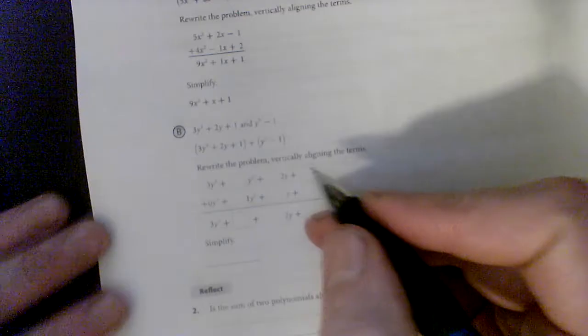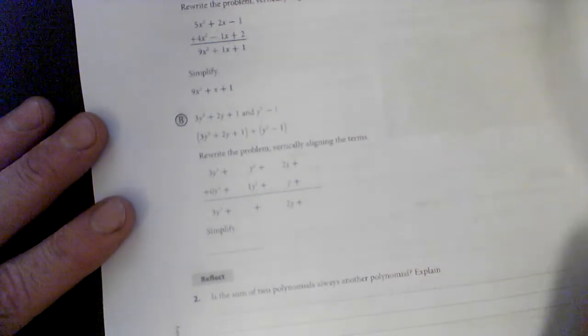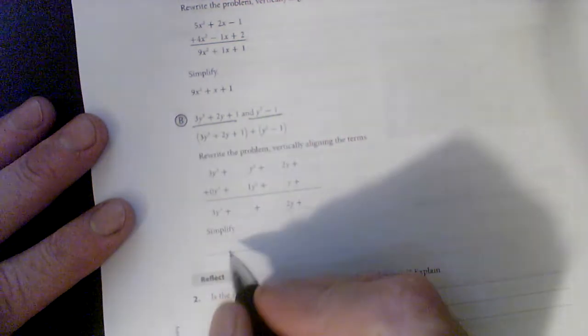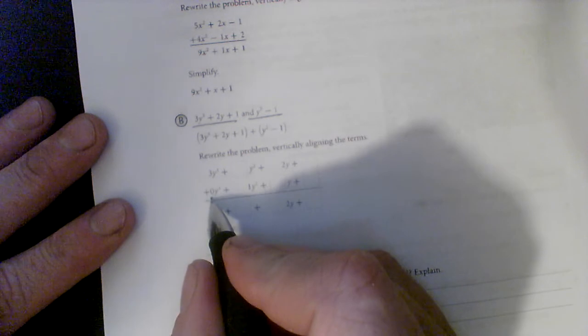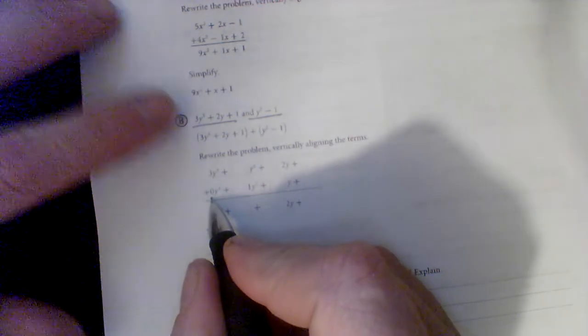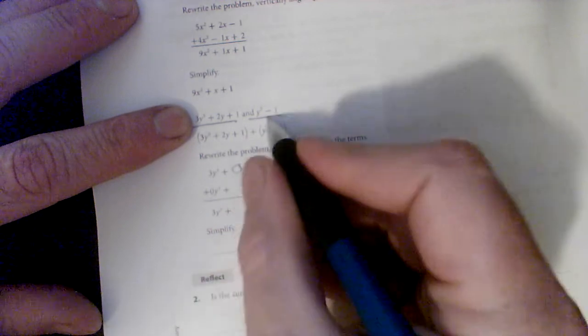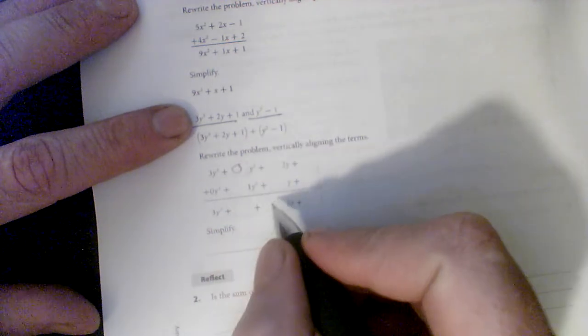So let's show you. Alright, if I was going to take b here, I would say, hey, I'm going to add these two right here. So this one has a y cubed, and the one on the bottom doesn't, so we use a 0 to hold it. Right? This one doesn't have a y squared, so we use a 0y squared, and the one on the bottom has a 1y squared.